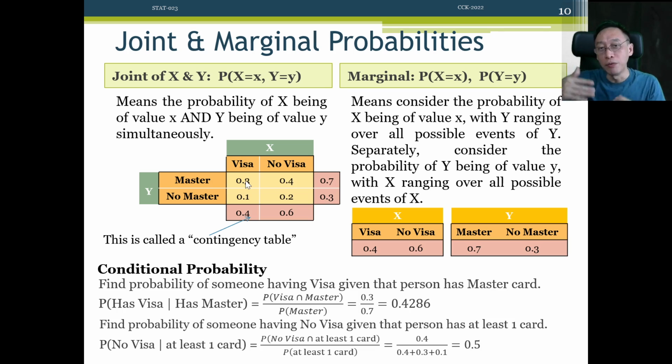That means it has to be a forward projecting kind of likelihood measure of the two events happening at the same time. For example, like a person holding both Visa and Master at the same time. So in the past, we asked 10 people, and let's say 4 people said they carry MasterCard but no Visa. And so we record as 0.4. That's factual, right?